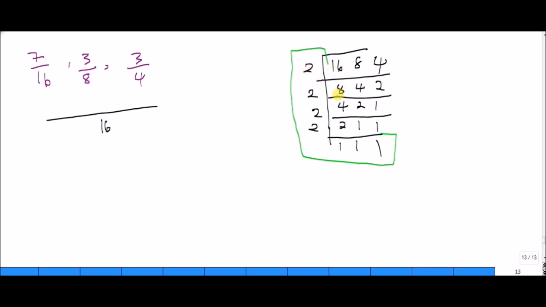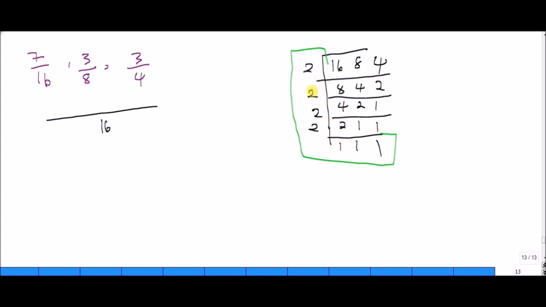We said 2 into 16, 8, 2 into 8, 4, 2 into 4, 2, 2 into 2, 1. We continued by saying 2 into 4, 2, 2 into 2, 1, and we left the 1. And 2 into 2 one time, and we carried on 1, and then we multiply everything outside.